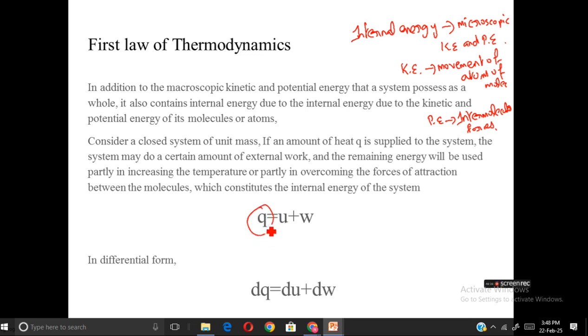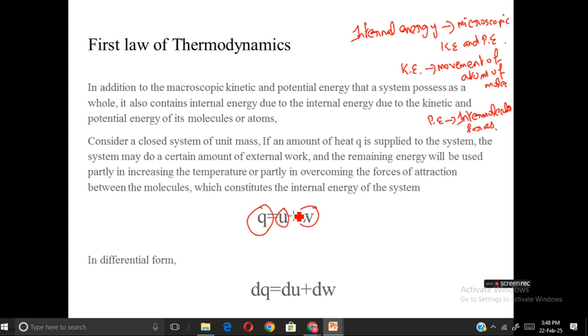A part of this heat Q will be used to do some external work, which is represented by W, and some of it will be used in increasing the internal energy of the system. Internal energy means it could either be used to increase the kinetic energy of the molecules, which will result in a change in the temperature of the system, or it will be used in overcoming the force of attraction between the molecules, which is the change in the microscopic potential energy of the system.